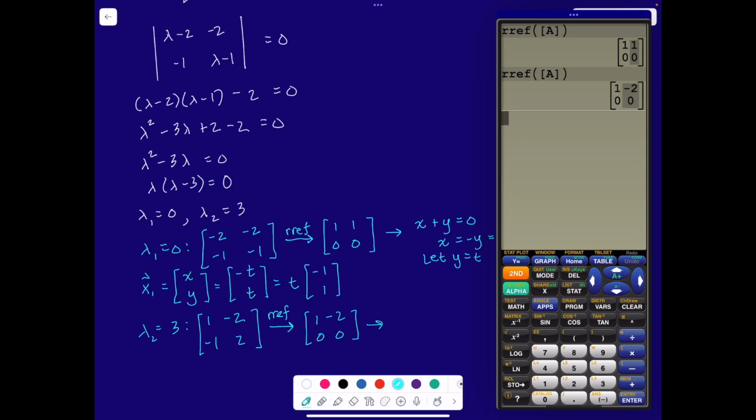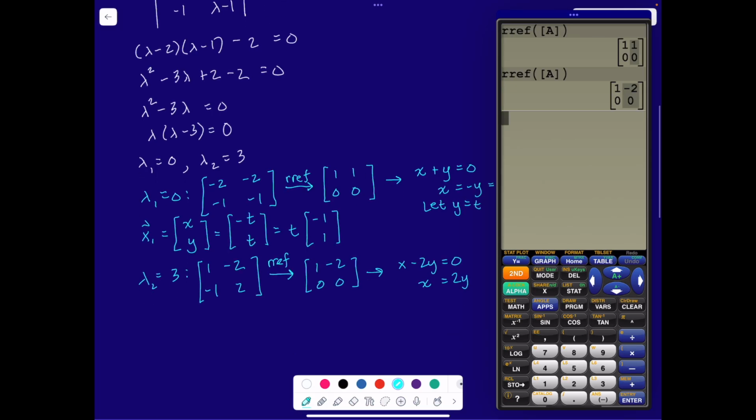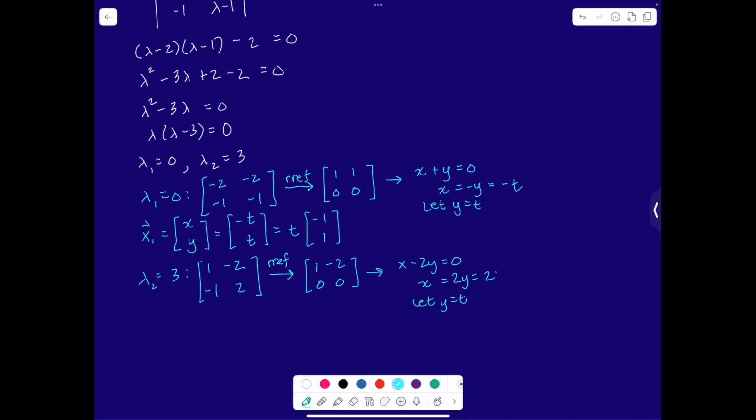So that means x minus 2y equals 0, x equals 2y. Again, if we let y equal t, then x would equal 2t.